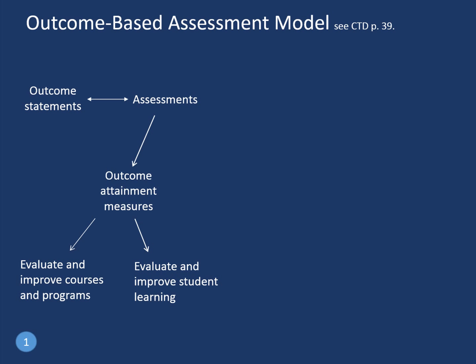It's simply the idea that you are writing good outcome statements that are clear and measurable, and that you are using them with accurate assessments, obtaining the attainment value measures, and then using that to evaluate the courses and programs and to evaluate and improve student learning. So that's basically the outline of our 3 weeks presentations. And right now, today, we're focusing mostly on evaluating and improving courses and programs.